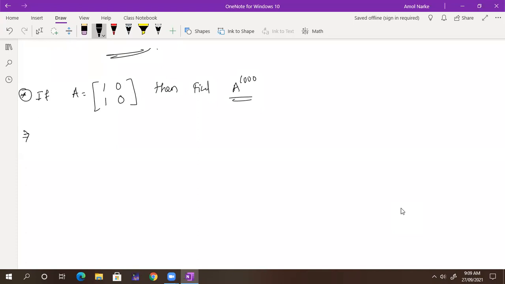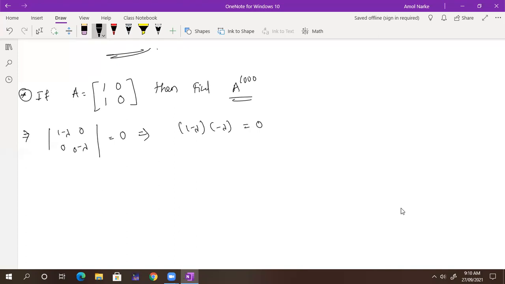First, it is a square matrix, so it satisfies its characteristic equation. So I find its characteristic equation. 1 minus lambda, here 0, here 0, here 0 minus lambda, which is equal to 0. So this implies 1 minus lambda into minus lambda is equal to 0.